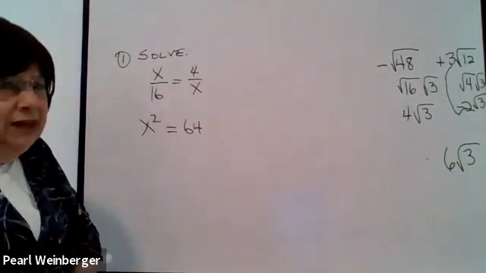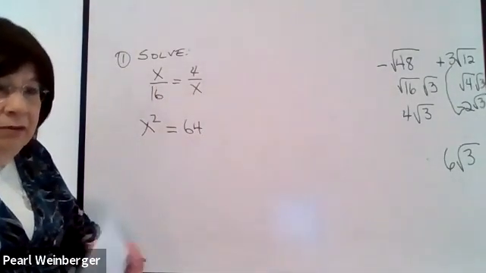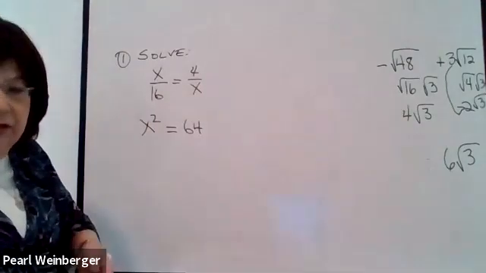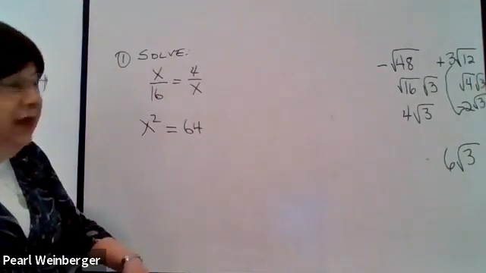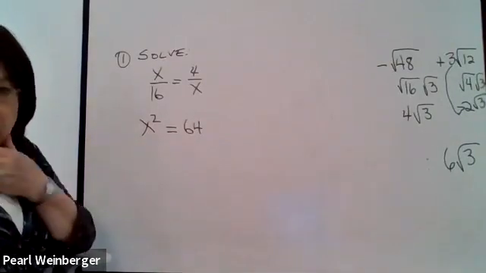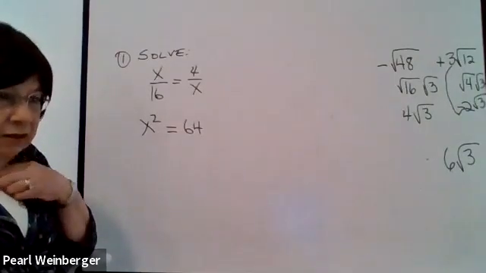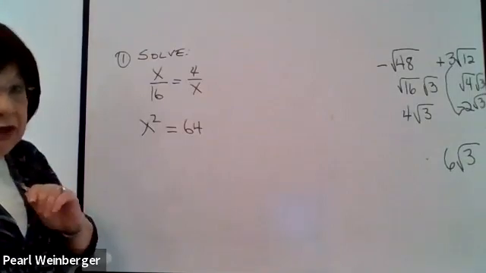Okay, what do I do from here? What kind of equation is this? Is this a regular linear equation? No, don't we have to put x parentheses x on one side, and then figure out what goes into 64, so it's 8?